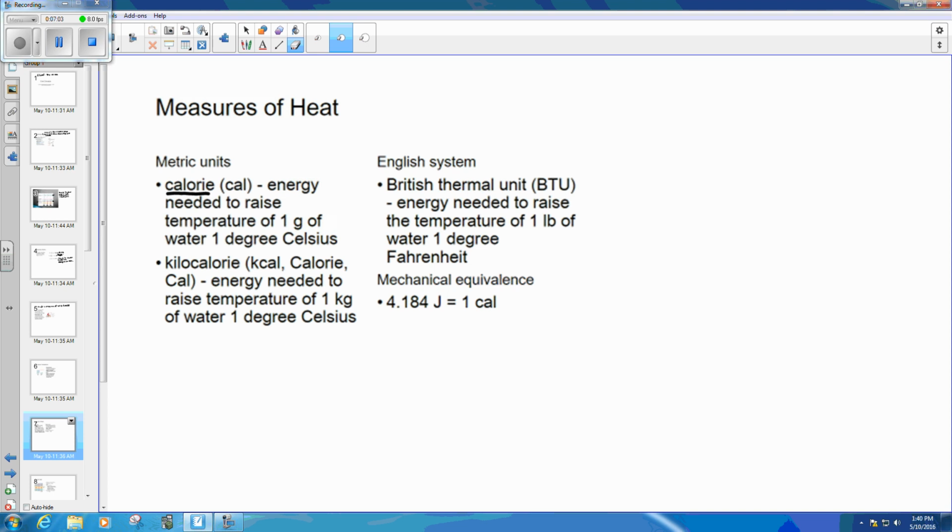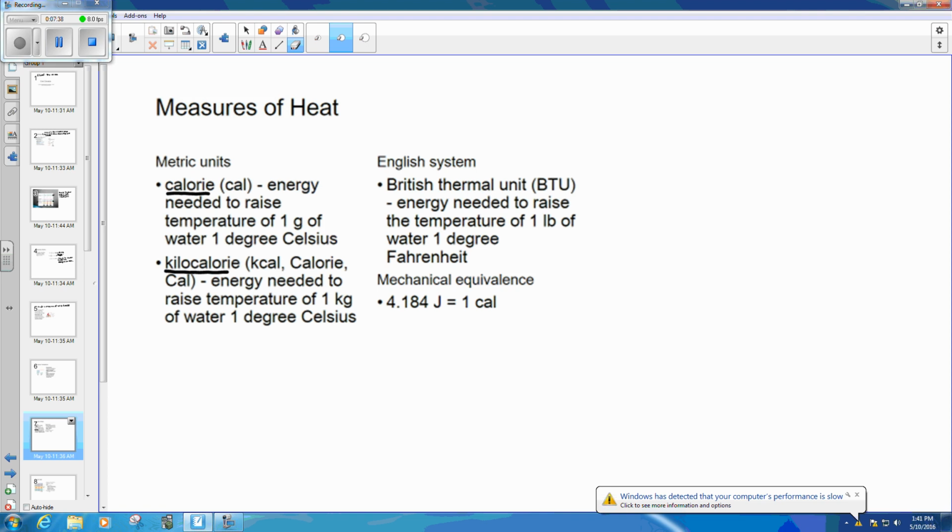If we define a kilocalorie, which would be 1,000 calories, the definition is similar, except now we look at 1 kilogram of water. If we are using the British system or the English system or the US customary system of units, then there we use a BTU. A BTU is the energy that is required to raise 1 pound of water by 1 degree Fahrenheit.